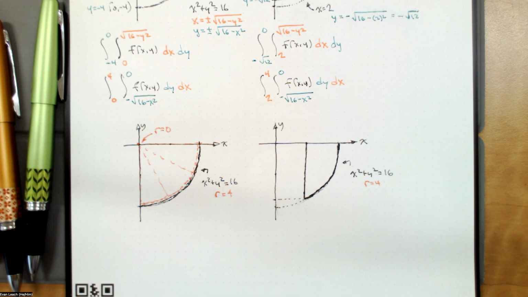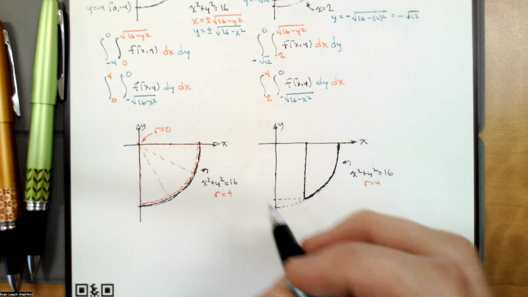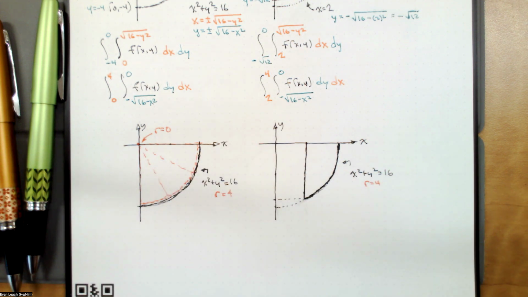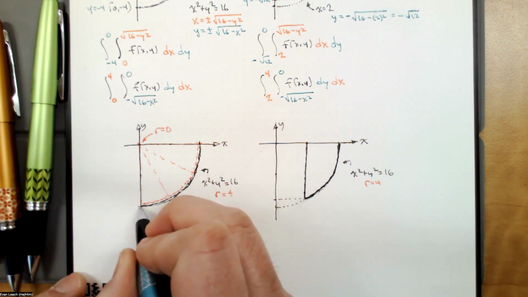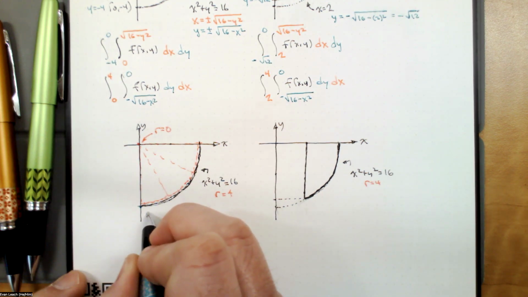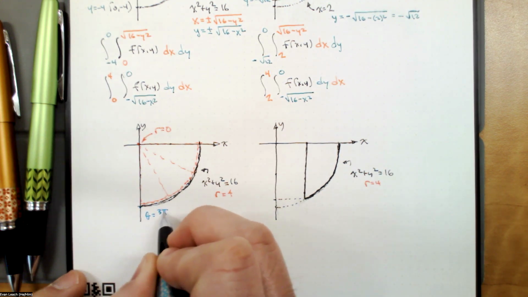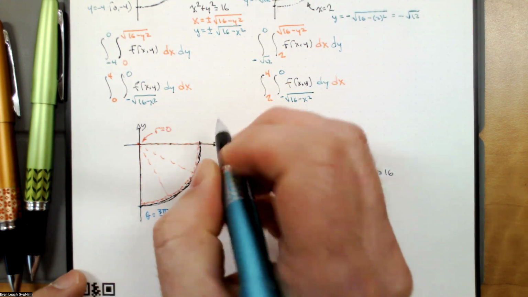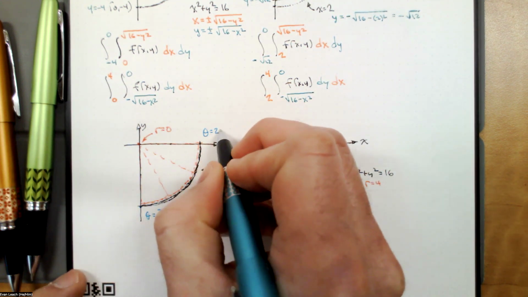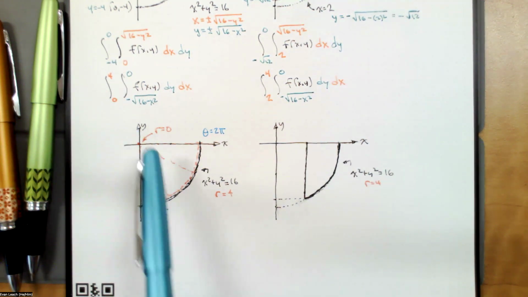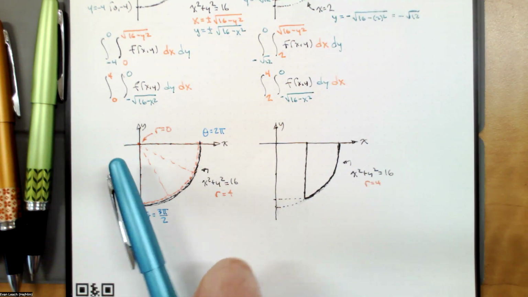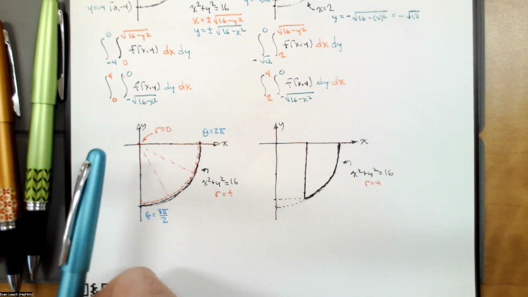In this case, if we restrict theta to go from 0 to 2 pi, then we want to start theta down here at 3 pi over 2 and end when theta is equal to 2 pi. So we'll go from 0 to 4 for r, for all the theta from 3 pi over 2 to 2 pi.